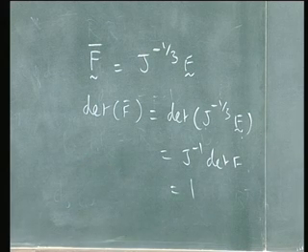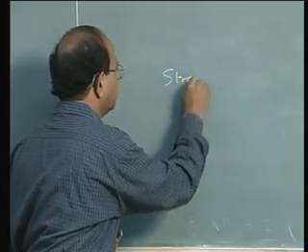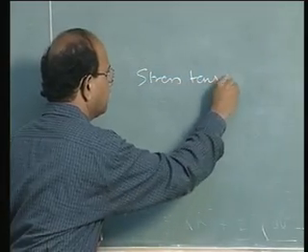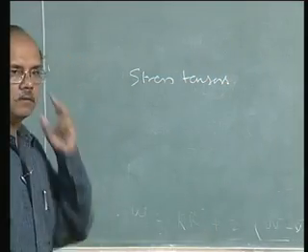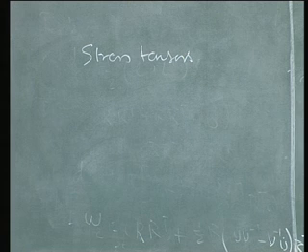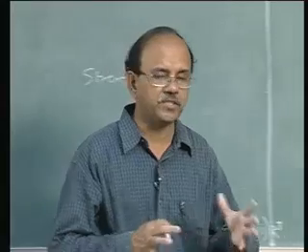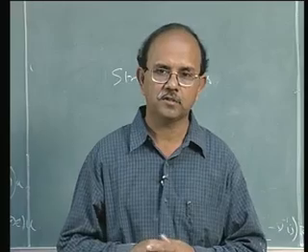With that background, let us now look at what are called stress tensors. We have seen that there are various strain measures that we have used. In fact we generalized the whole thing.